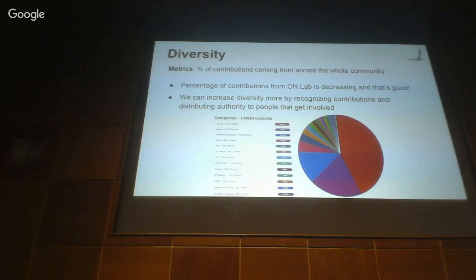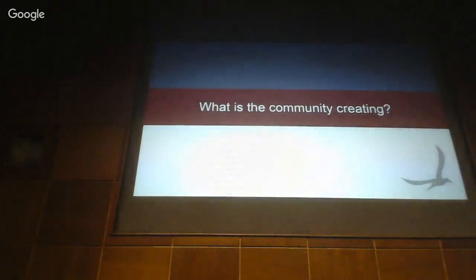When that slide was made, about 42% of co-commits were from ONE Lab, and the rest from a diverse community. As time goes on, we want that red part to shrink, and we want to welcome new contributors. So diversity is one of the really big focuses for David and myself.